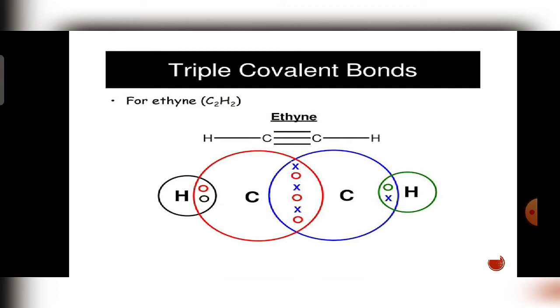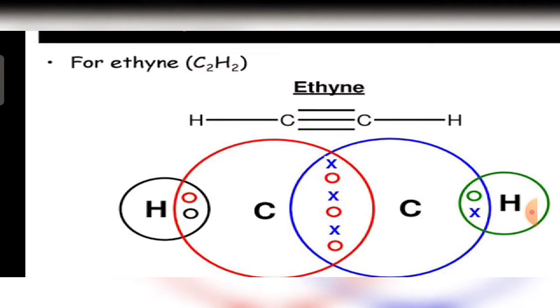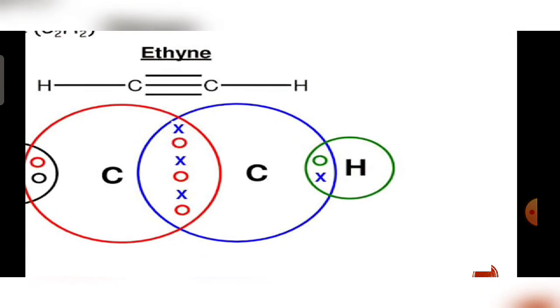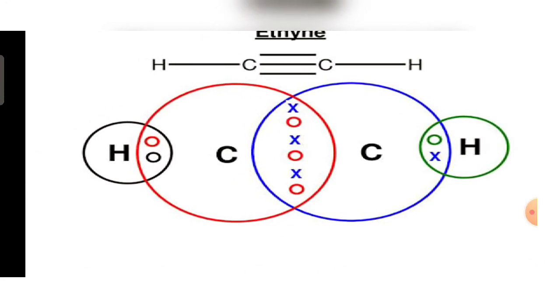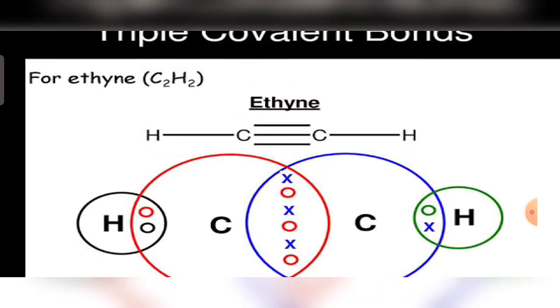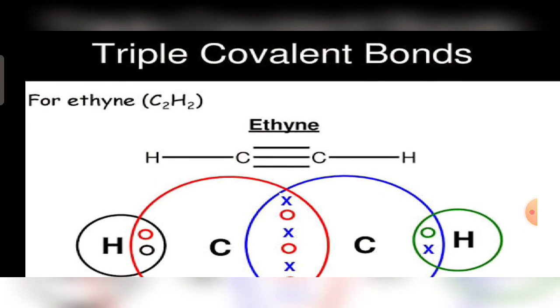Actually, in the ethene molecule, two electrons are shared by each carbon atom with each other, but in this ethyne molecule they are sharing 3 electrons with each other and one electron with hydrogen. And in this way both carbons are completing their octet, and hydrogen will complete its duplet, and they all share electrons with each other to form a compound which is called the molecule ethyne C2H2.